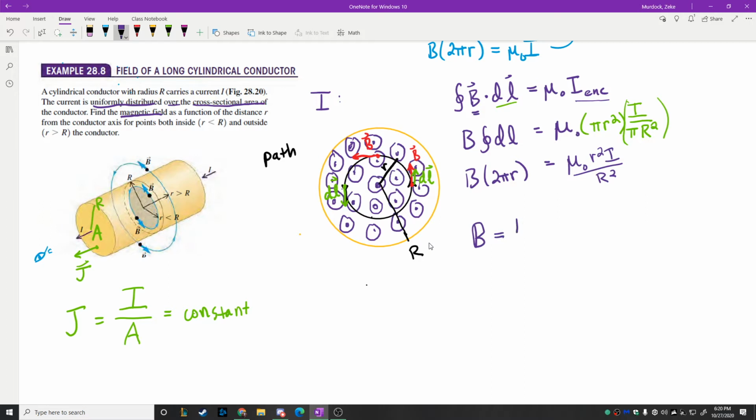The magnetic field is going to be mu naught multiplied by the current I. On the bottom, we're going to have a 2 pi and a big R squared, which are constants. And then the one thing that's going to vary here is little r, so we'll put that on the outside. So it's basically this big thing here multiplied by little r. That would be the magnetic field for the region where little r is less than the outside radius. This gives us the magnetic field inside.